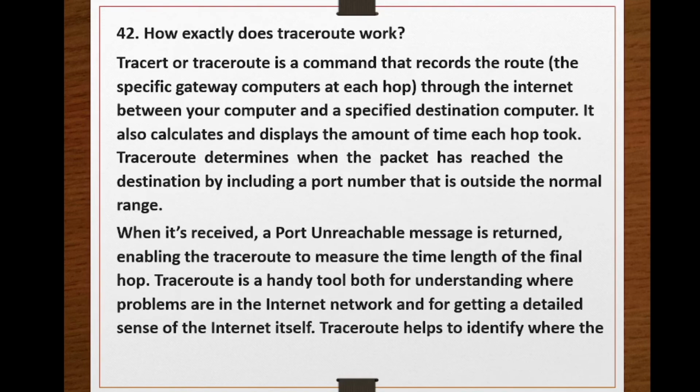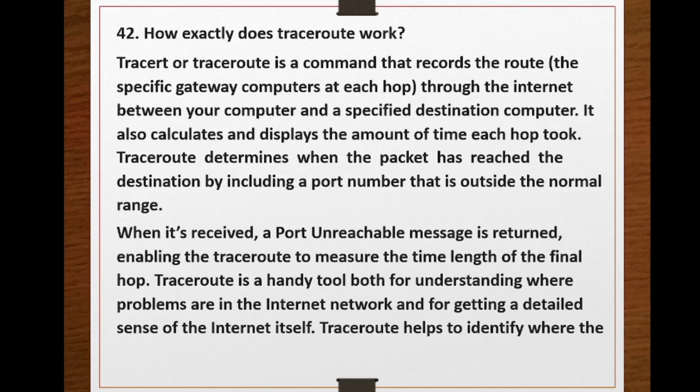How exactly does traceroute work? Traceroute is a command that records the route through the internet between your computer and a specified destination computer. It also calculates and displays the amount of time each hop took. Traceroute determines when the packet has reached the destination by including a port number that is outside the normal range.